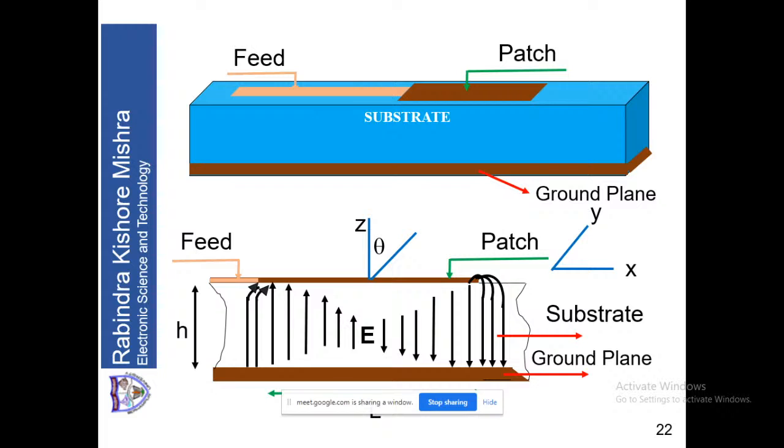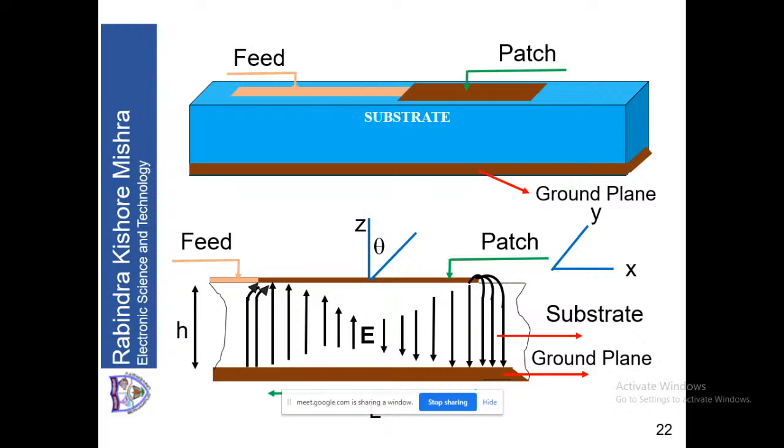Now, why are they fringing out? I hope you have read about the capacitor. If you have read about the capacitor earlier, either in your pre-college or pre-university courses, then you must have read about Gauss's principle.